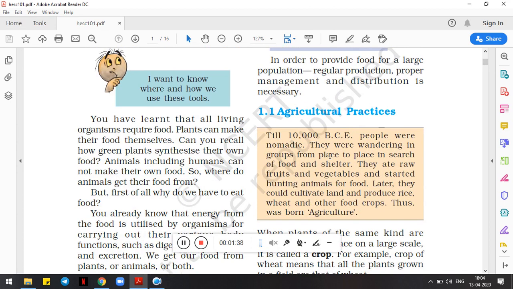But first of all, why do we eat this food? This food is important to get energy. Food is utilized by organisms for carrying out their body functions like digestion, respiration, circulation, excretion. And we get this food from plants or animals or both.